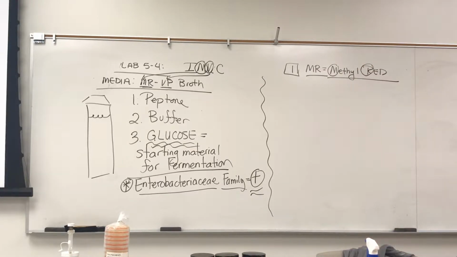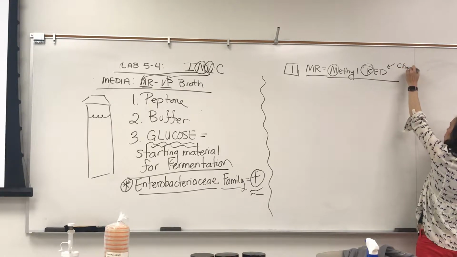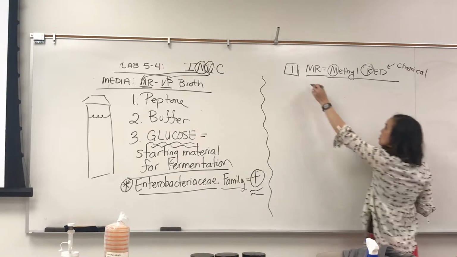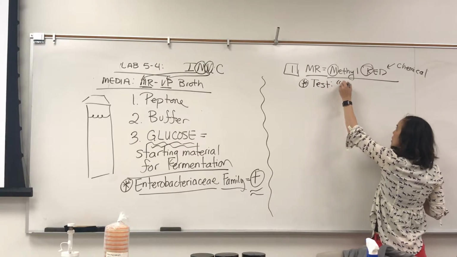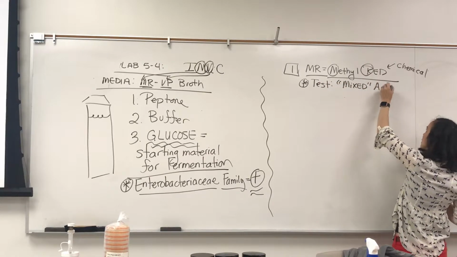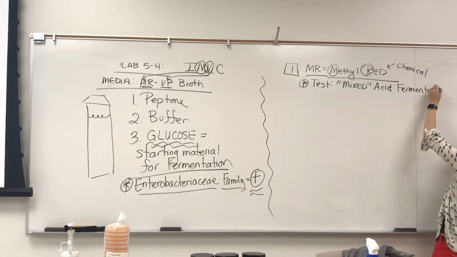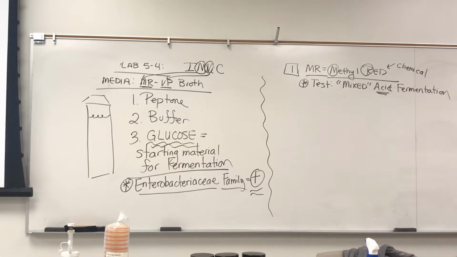We'll mention what the methyl red is about, but basically it's just the chemical that you guys are going to add. The whole point of the MR test is so that you can test for mixed acid fermentation.